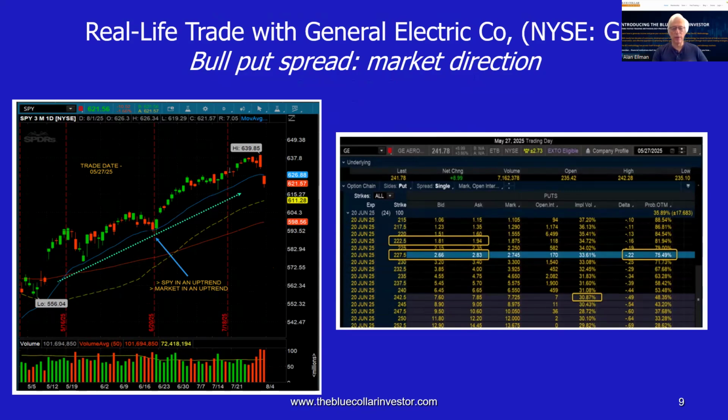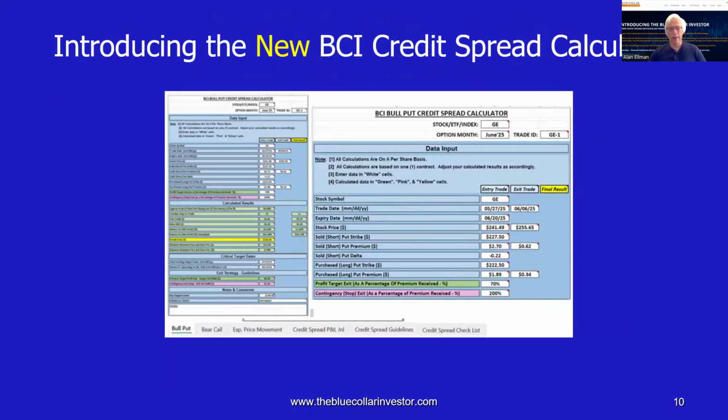On the right, we're going to access an option chain on the day that the credit spread was executed, explain why we selected each particular strike, and then move on to the calculations. Then we're going to introduce our BCI credit spread calculator.